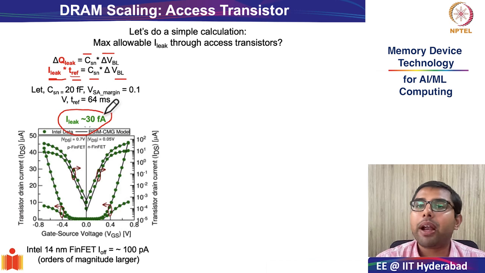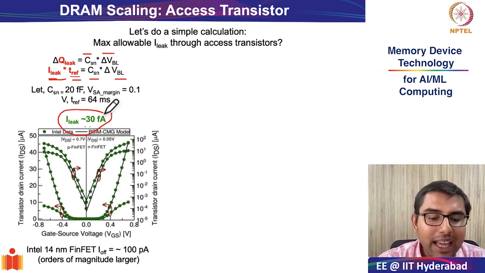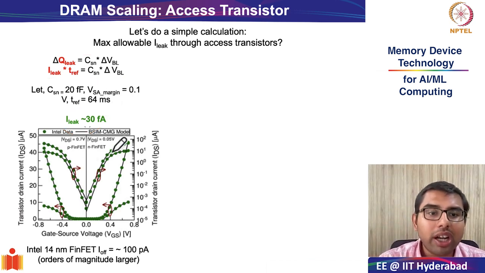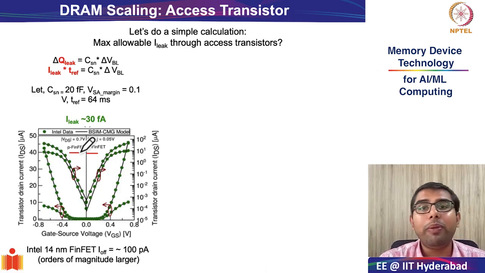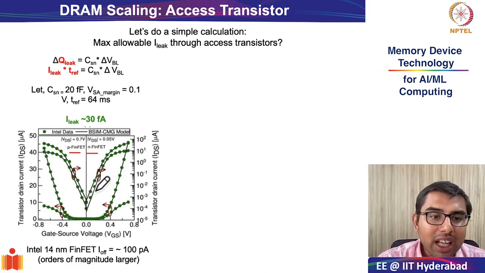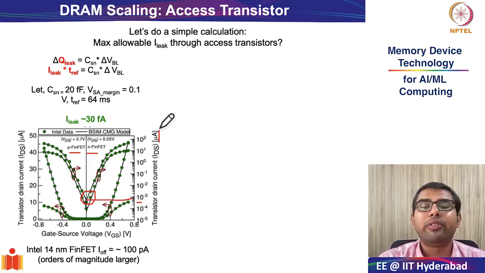Compared to what? Compared to your logic transistors. So what I have essentially done is plot for you the on-off characteristics of the N FinFET and P FinFET in the 14 nanometer Intel FinFET technology. And you see that the off-state current is around 10 to the power of minus 3 microamps, which is roughly 1 nanoamp.